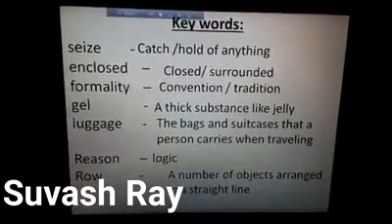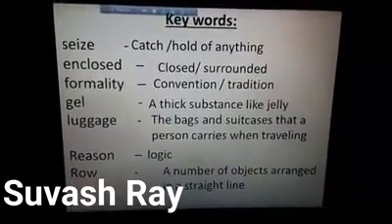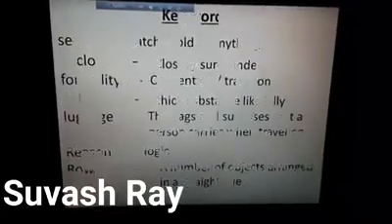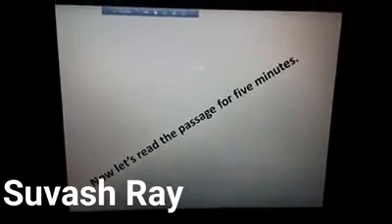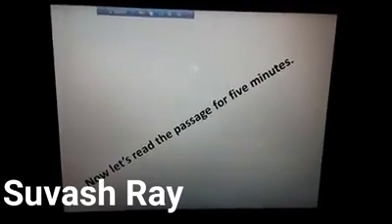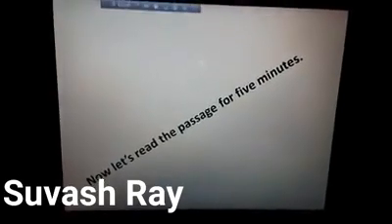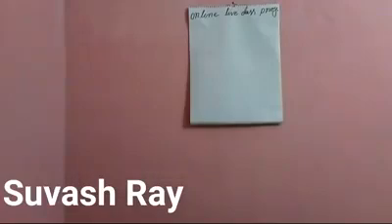After learning the keywords, now we can go to read out the passage. Now let's read the passage for 5 minutes.